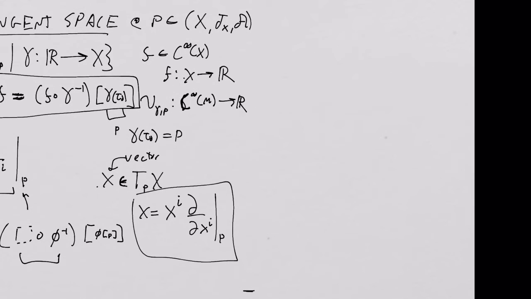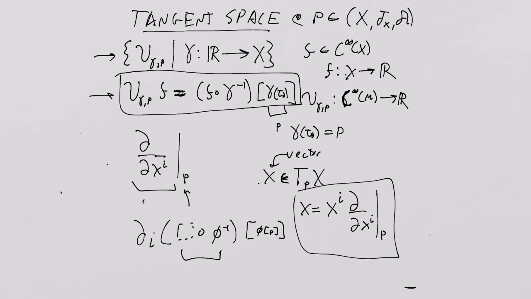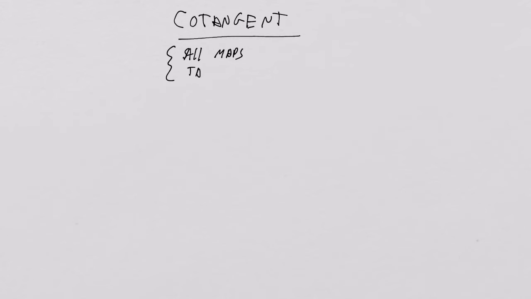So let's begin with a quick reminder of what the cotangent space actually is. We won't go through the full formal development, but we'll remind you it's the set of all maps from the tangent space to the real numbers.